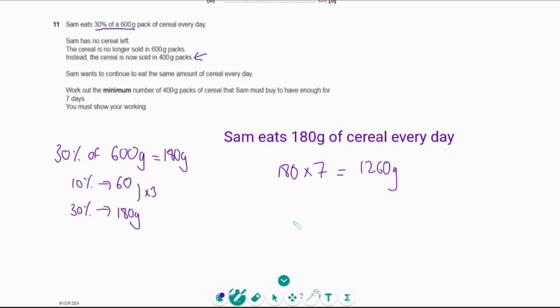Well, we could divide it by 400. Gives us 3.15. So obviously 3 packets will not be enough. So Sam needs 4 packets.